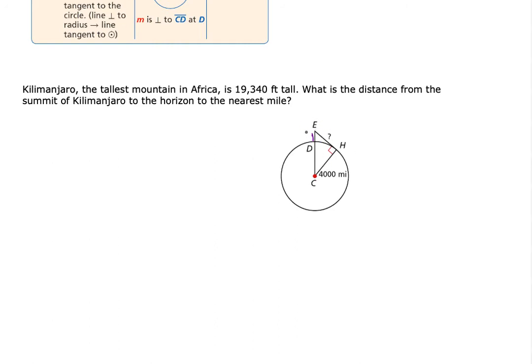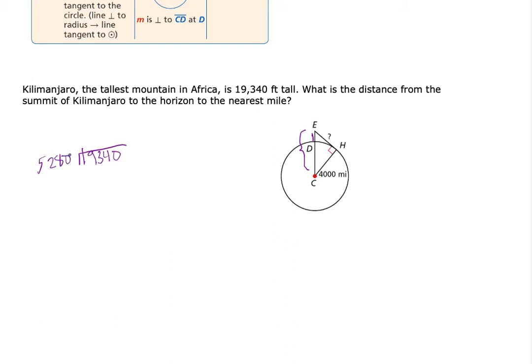So what we need to do here is change 19,340 into miles, so we know how far this is. Because this is 4,000, and this is a radius as well, that's 4,000. So we're going to have 4,000 plus whatever our height of Kilimanjaro is, but we need to change it to miles. So I'm going to take 19,340 and divide by 5,280.